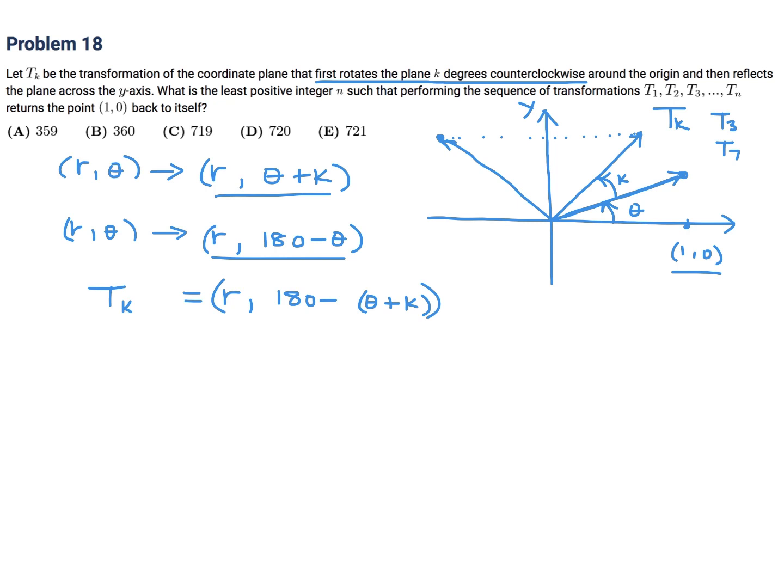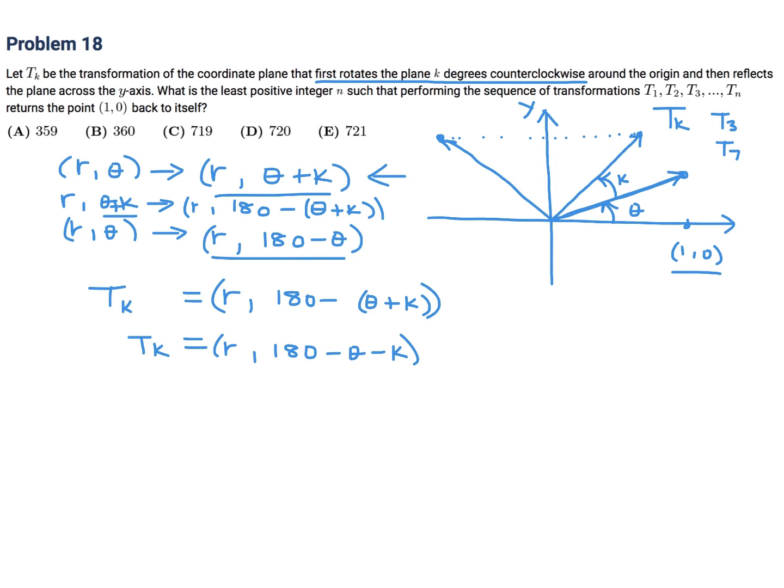Because first you are doing this guy right here, and then you'd have to subtract 180 minus whatever. So a better way of writing it is (r, theta plus k) would basically be (r, 180 minus this (theta plus k)), like that, which is exactly what I wrote here. And this simplifies to (r, 180 minus theta minus k). And that's your T_k.